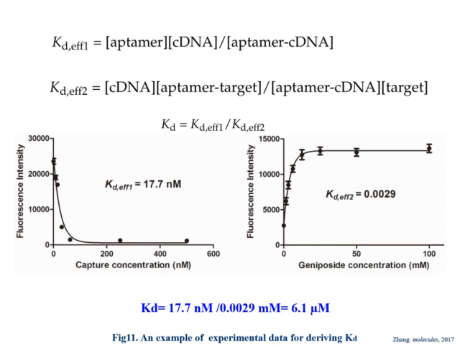Then as the target concentration increases, the fluorescence signal also increases. Here shows the KDF2. As you can see, the final KD value can be calculated by KDF1 divided by KDF2. So here shows this KD value is about 6.1 micromolar.